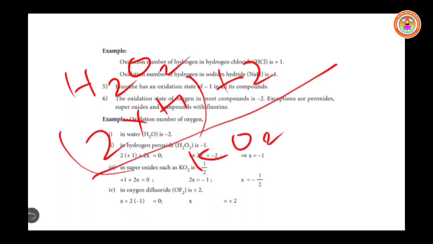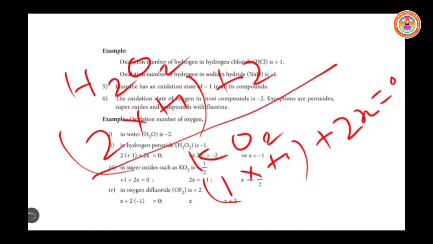Now we can calculate the oxidation state of oxygen in superoxide. We have to substitute the oxidation state of potassium. So 1 potassium, so 1 into plus 1. Then there are two oxygen atoms, let it be 2x, which is equal to 0. So 1 into plus 1 plus 2x is equal to 0.